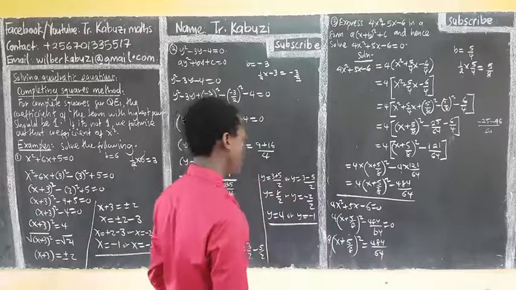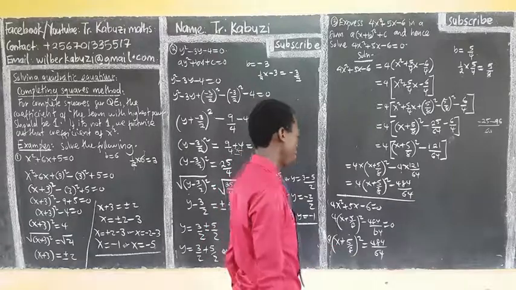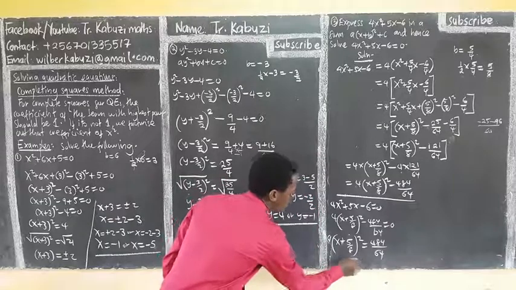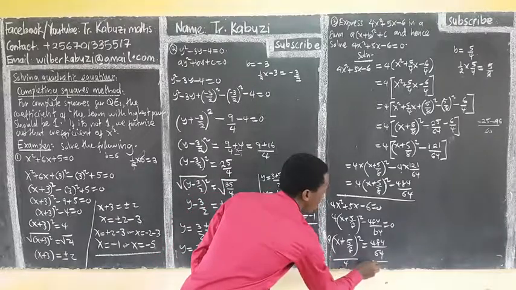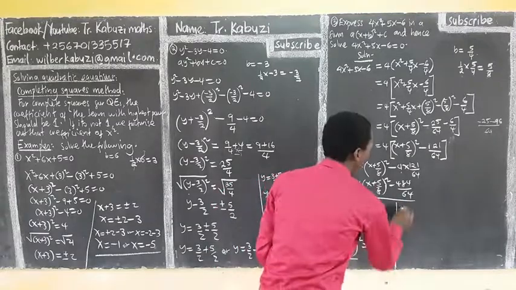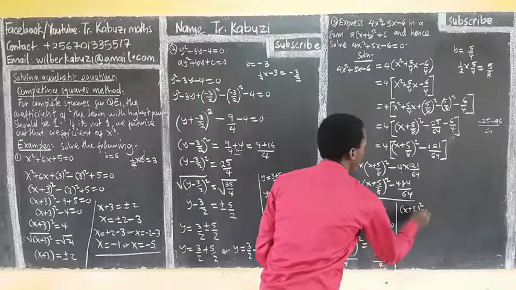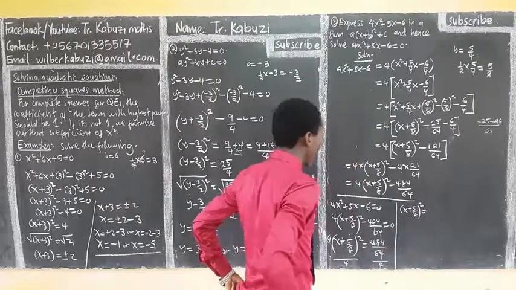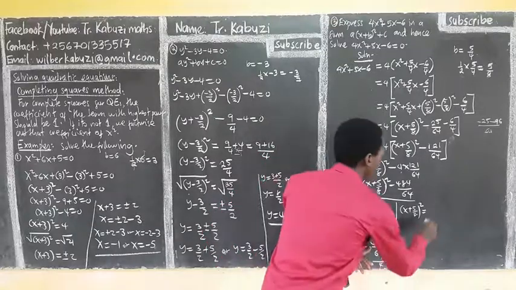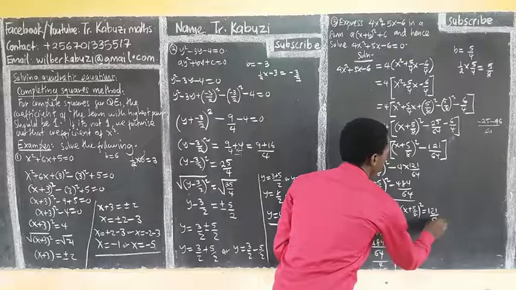So from there, before you take the square root, you first divide this through by 4. I divide this side by 4, and also this side by 4. So what are we having now? We have x plus 5 over 8 squared equal to, when we divide this by 4, 121 over 64.